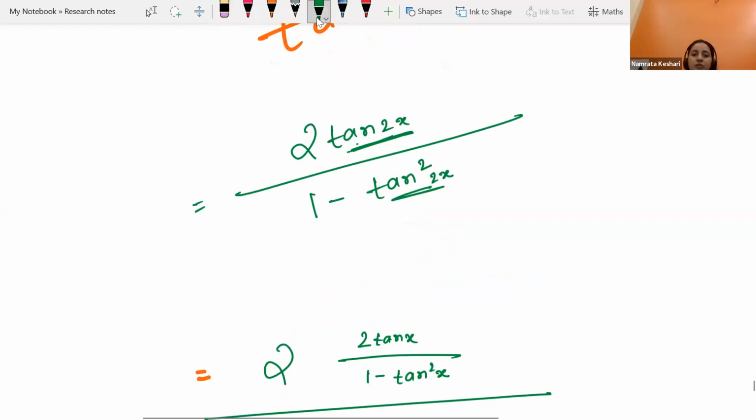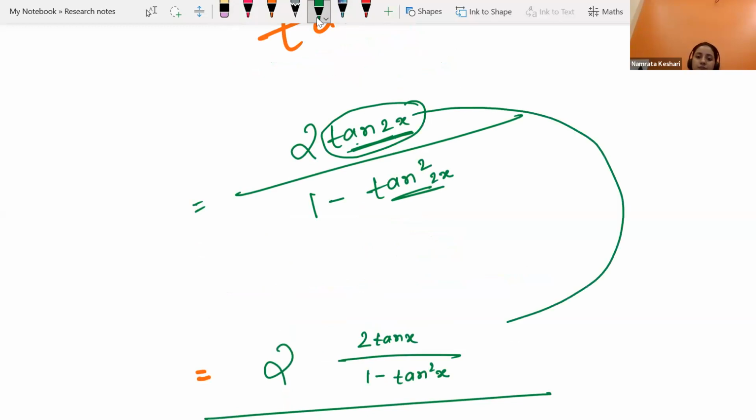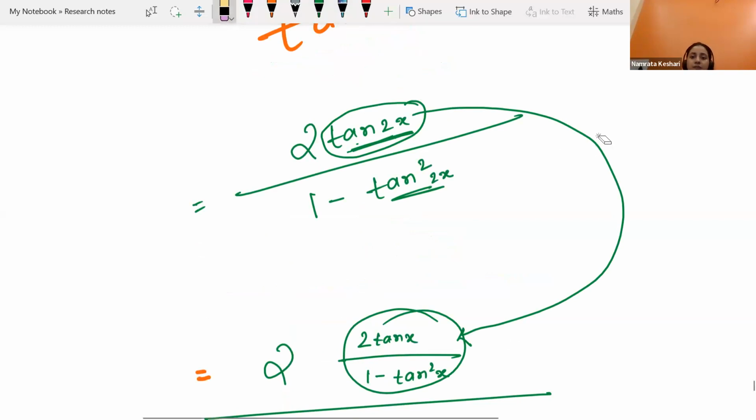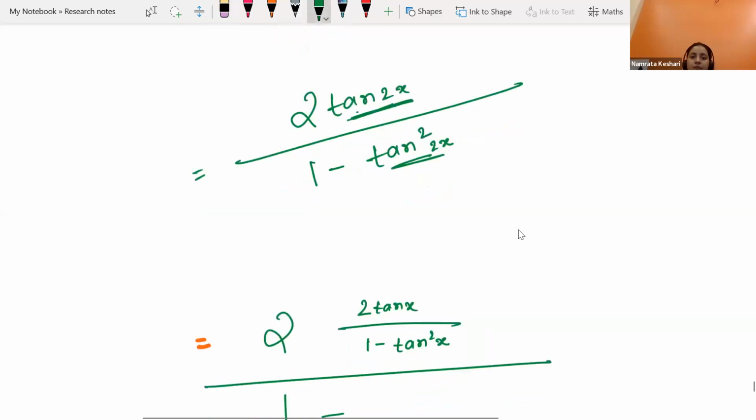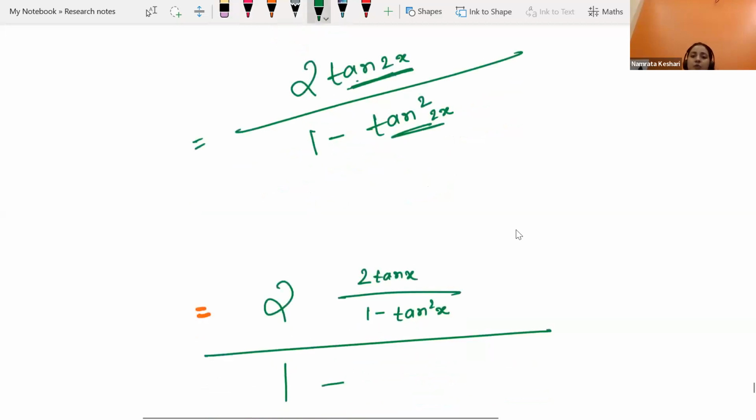Here we are just writing the formula. Tan 2x formula is 2 tan x by 1 minus tan square x. Let's continue. 1 minus tan square 2x is there.